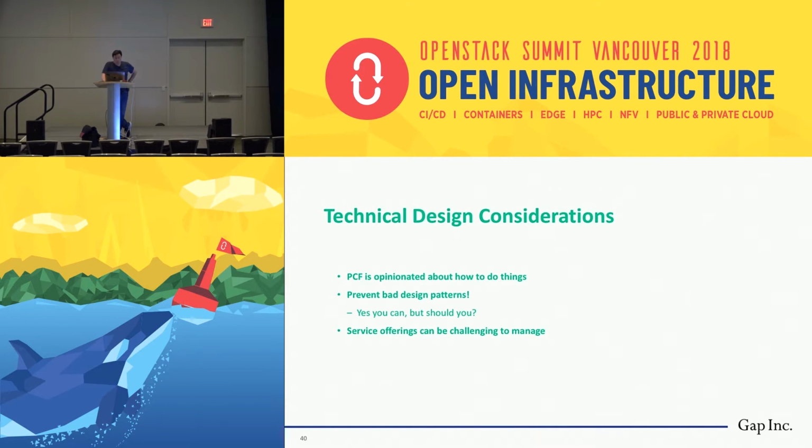And service offerings can be very challenging to manage. As an example, RabbitMQ, right? Everybody wants RabbitMQ. Managing a RabbitMQ inside of Cloud Foundry is certainly possible, but it's not going to be tuned for your specific use case. It's not going to be tuned for your application. We're going to tune it for a general use case.